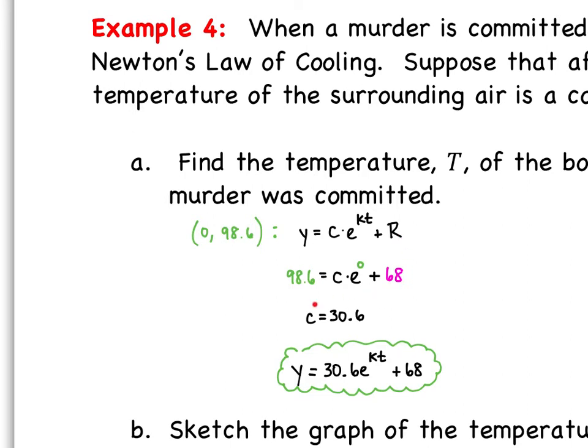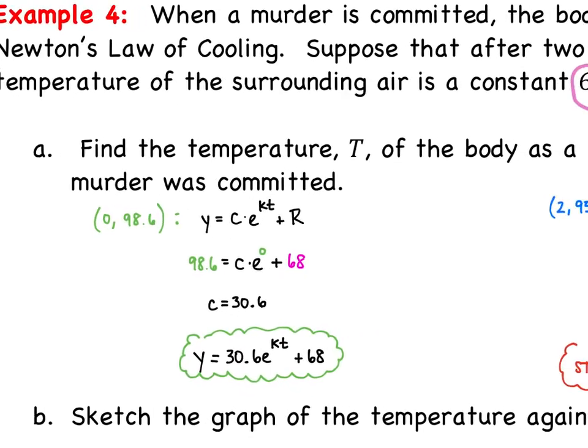As we solve, we get c to be 30.6. So we have our equation so far, y equals 30.6 e to the kt plus 68. But now we need this k, or we could also solve for e to the k. So let's go through that next step.